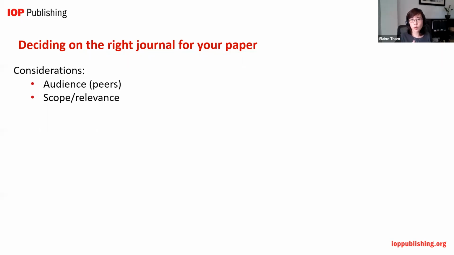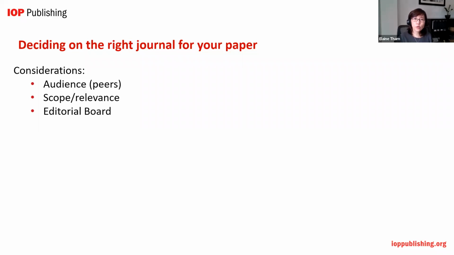If your paper has a broader appeal within a subject area or even multidisciplinary relevance, then consider whether a broad scope journal might be more suitable. You can also consider the types of papers published in the journal to see where your paper would fit in best. So please read the scope statement of the journal very carefully and make sure your paper is of relevance to the journal, because if your paper is out of scope, it will be rejected immediately.